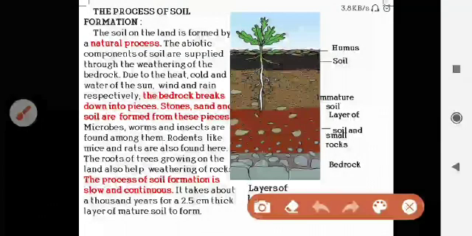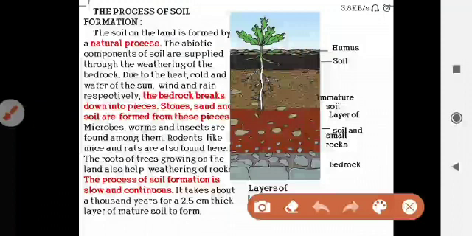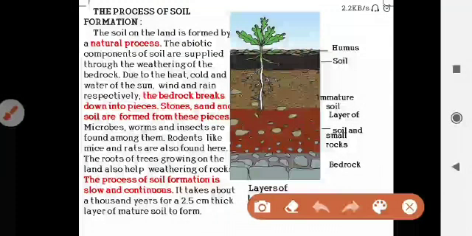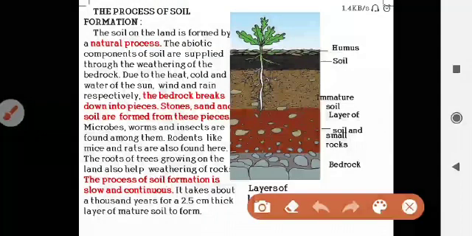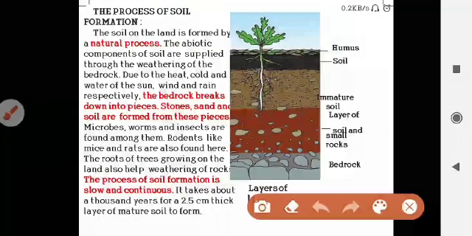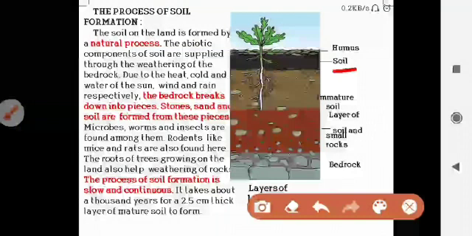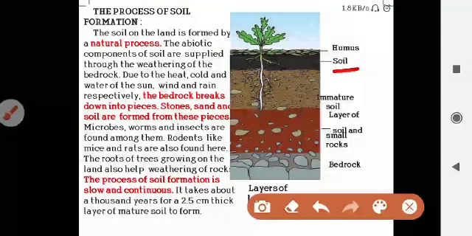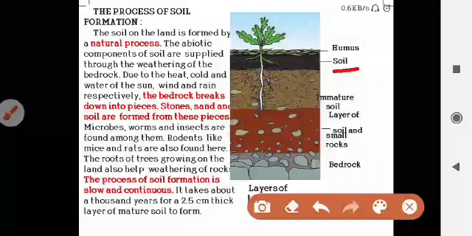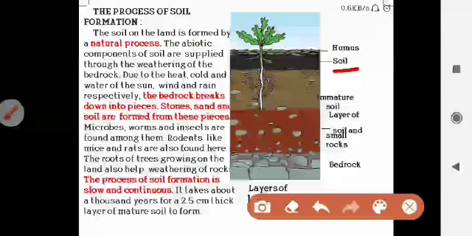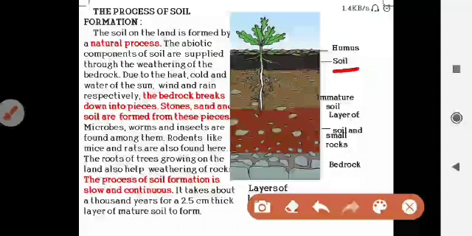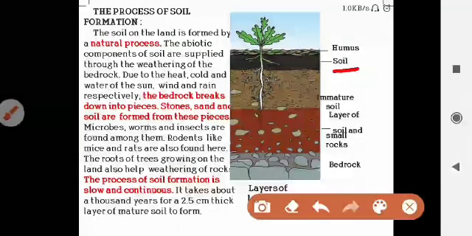soil. First layer is formed by humus. Below that there is a layer of soil. Below that there is immature soil. In this layer there is immature soil and some small stones. Below that, soil and small rocks.